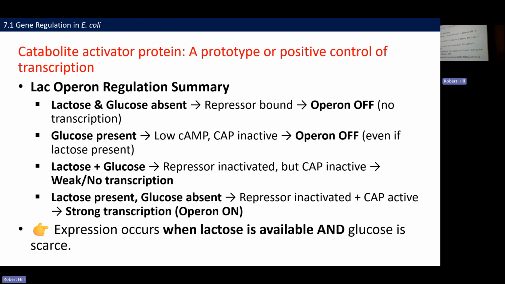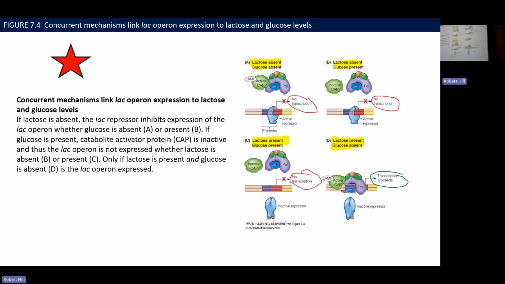All right, so there are 4 possible scenarios in this example of gene regulation. And they're actually better summarized here in this figure. You can have lactose and glucose absent. You would have no transcription, right? Because lactose is absent, the repressor protein is bound to the operator.